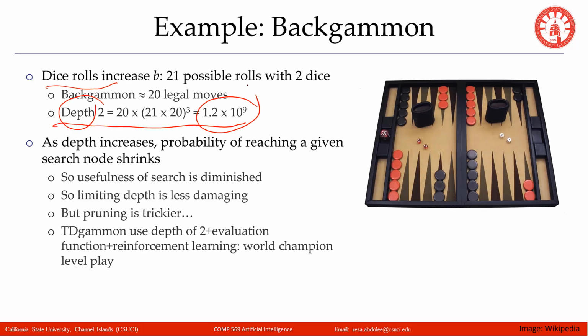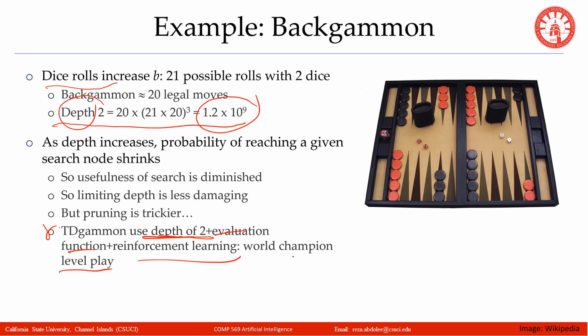All right, so one note in here. TD-Gammon was an AI-based player that only uses a search tree with two layers, an evaluation function, and reinforcement learning. It was actually world champion level play for this game. As you can see, the depth for this game is not going to be very important because the number of states is too large.